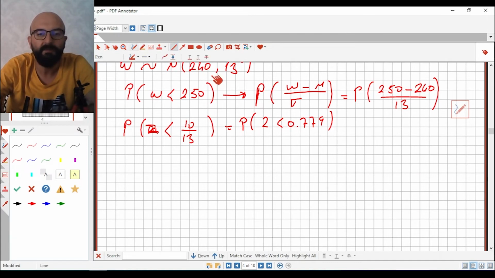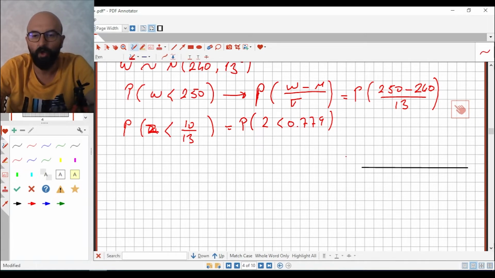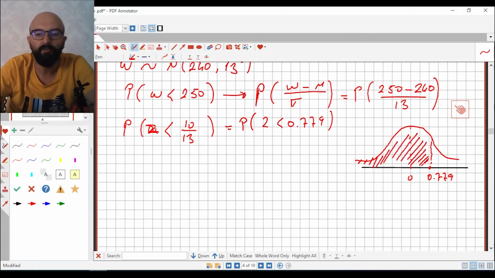If you remember the normal distribution curve, the middle point is 0, and 0.779 is a point here, and we want to find this area because we want Z less than 0.779.